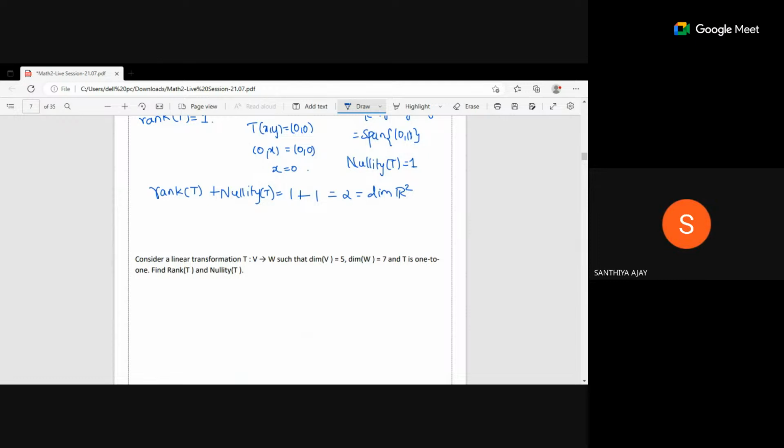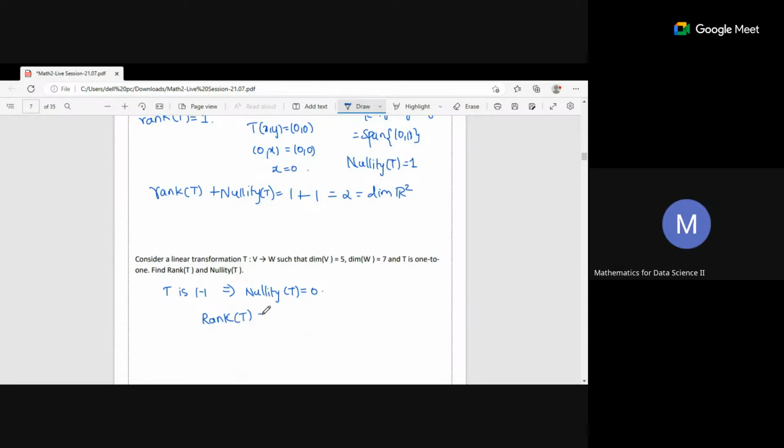If T is 1 to 1, then rank will be dimension of V. Since T is 1 to 1, what do you know about nullity then? 0.